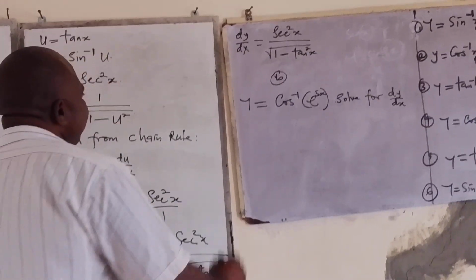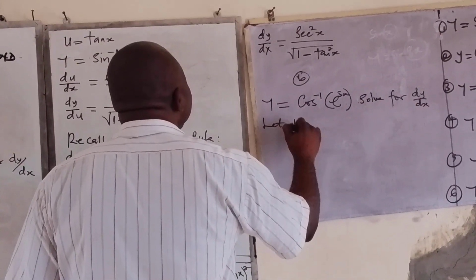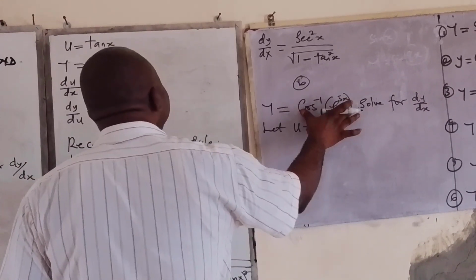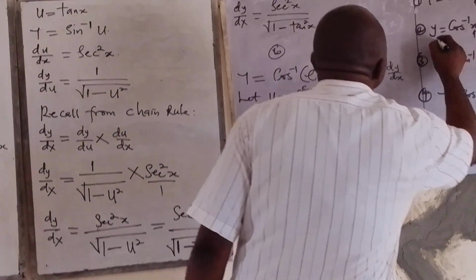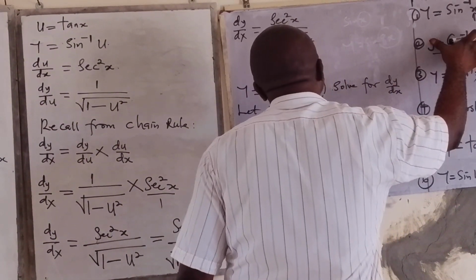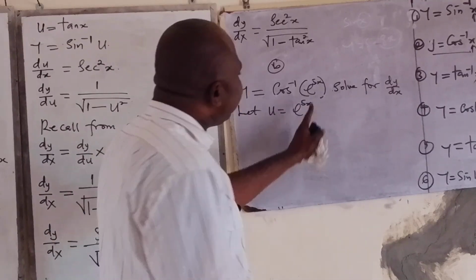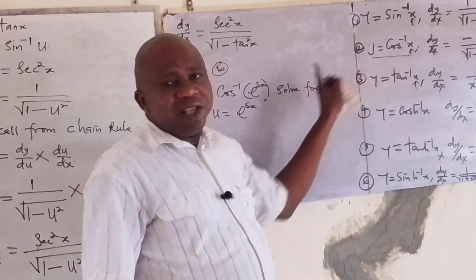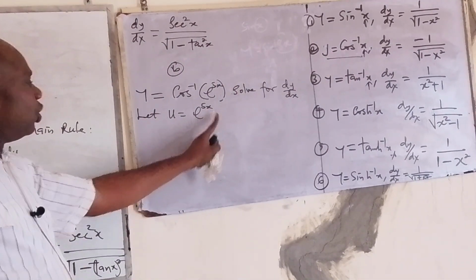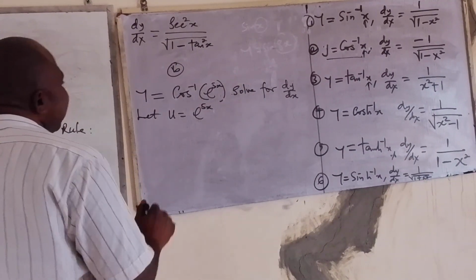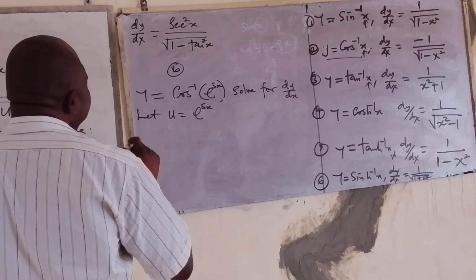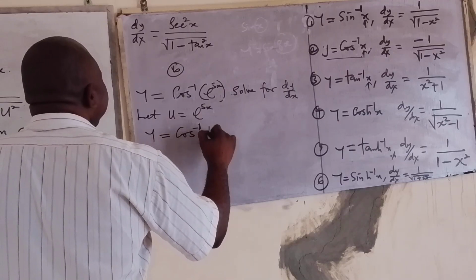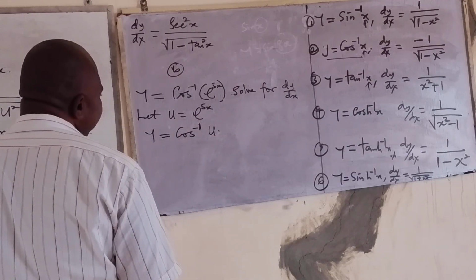Okay, so in this case, you let u be equal to e power 5x, because the standard function is the cos inverse of x. Yes, that's the standard function. Now you can see that e raised to the power of 5x has actually taken the position of x. So it means now it's a function of a function. So here we have u equal to this. And if u is equal to e power 5x, it means our y will be the cos inverse of u.